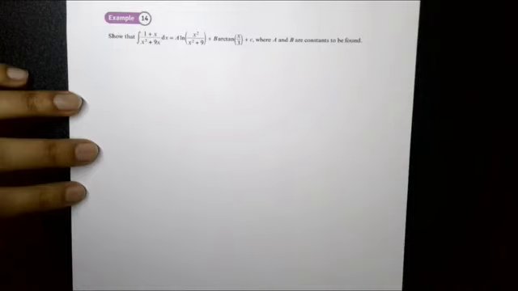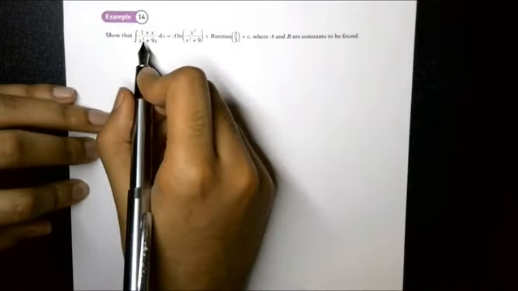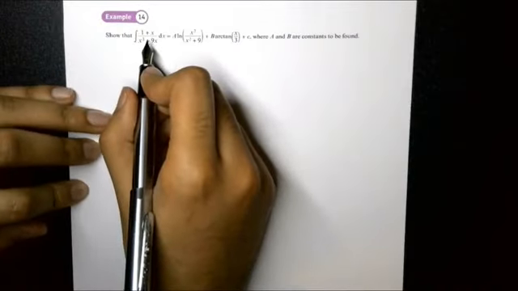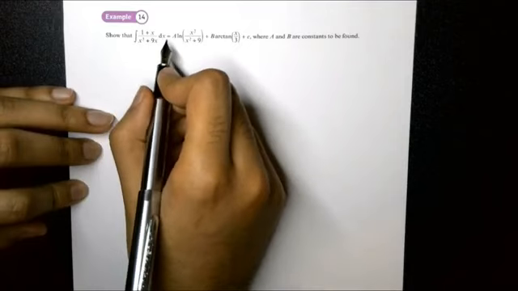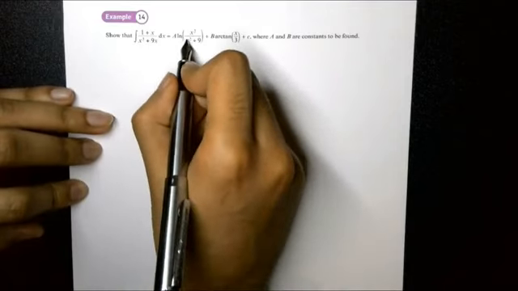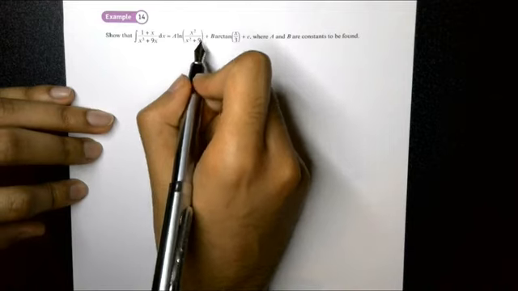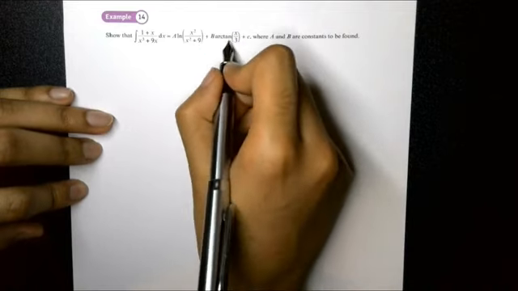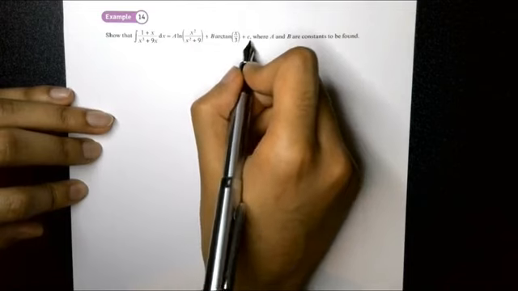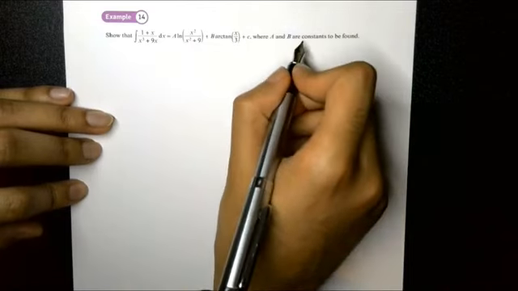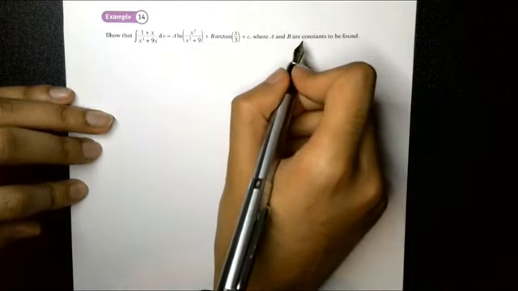Example number 14, we have to show that the integral of 1 plus x over x cubed plus 9x with respect to x is equal to a times by the natural log of x squared over x squared plus 9, plus b lots of the arctangent of x over 3, plus c, where a and b are constants to be found.